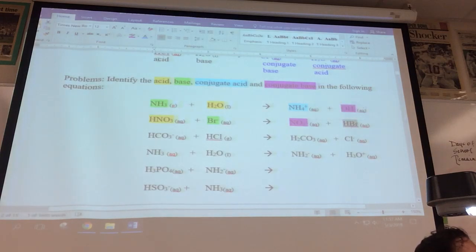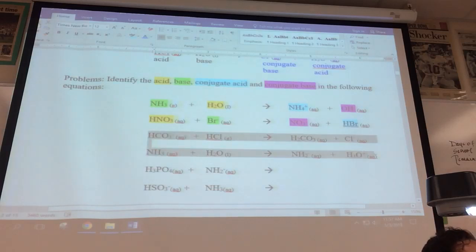This is the conjugate acid. Good. Yes? All right. Try these two. Don't do the next two because I want to show you something.